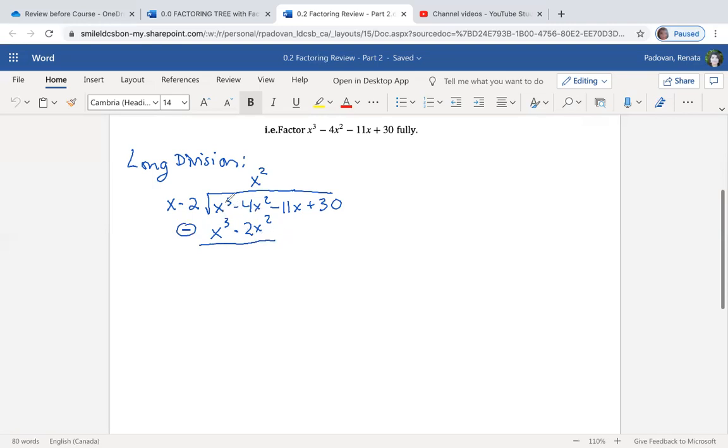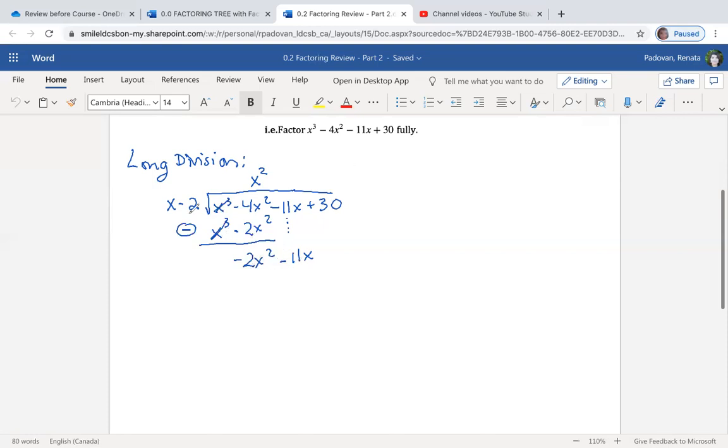So my x cubes will cancel out, and I have negative 4 like terms, right? Negative 4 plus 2 would give me negative 2 x squared. And then I bring down my negative 11x. So then I look once again, x multiplied by what will get me to negative 2x squared?